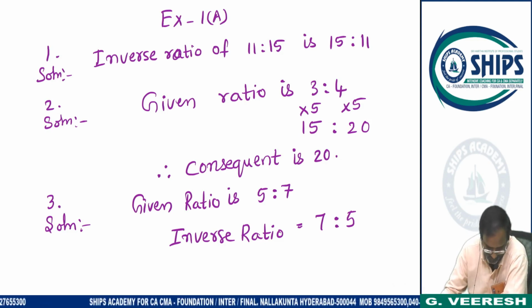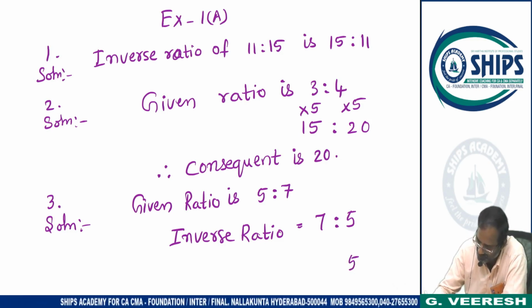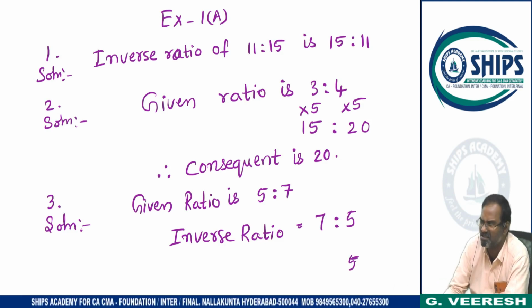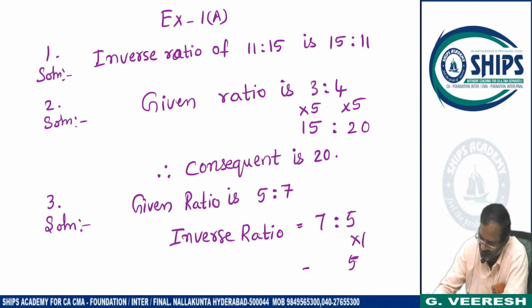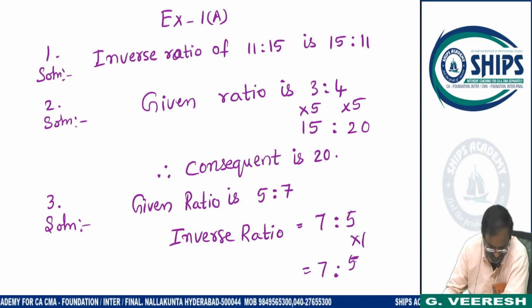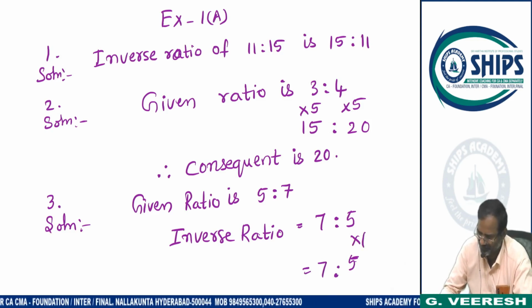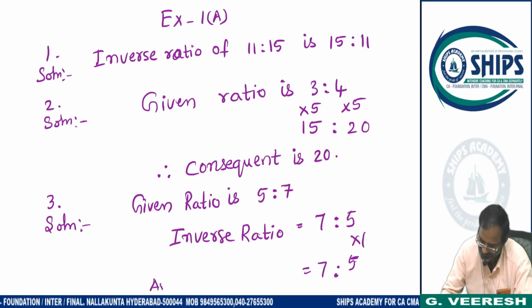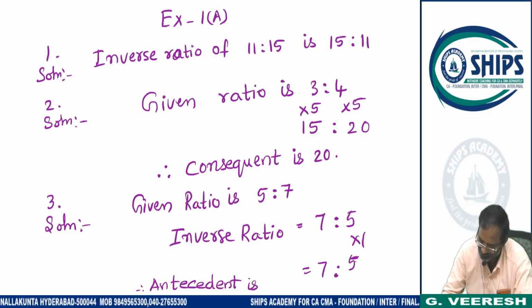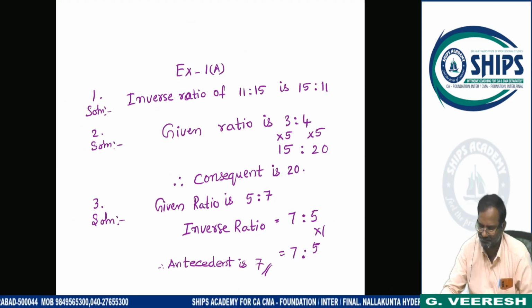Consequent means the second term, no. Here it is given 5, meaning no change has been made in that, only multiplied by 1. The same here also, it will be 7 only. So the antecedent will be 7. Clear? Like that.